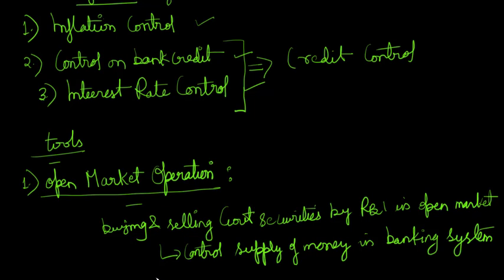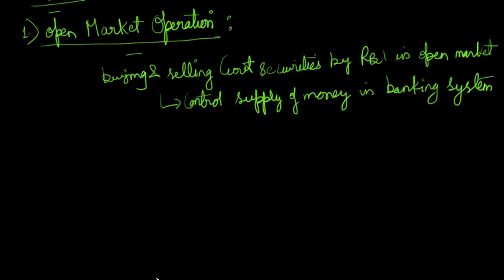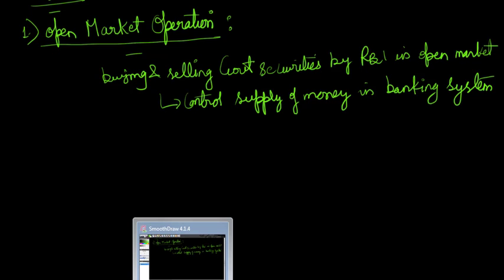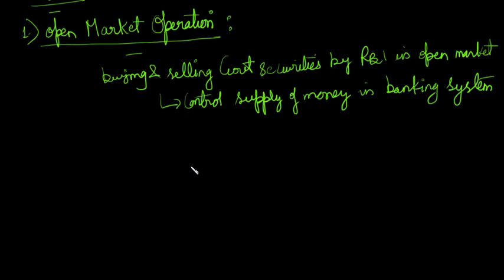So most of the time we don't understand how controlling the supply of money in the banking system happens by buying and selling government securities. So the concept is, when there is excess supply of money in the market or in the economy, the central bank sells government securities.